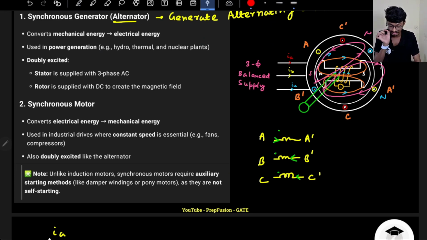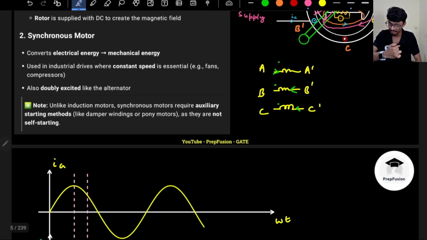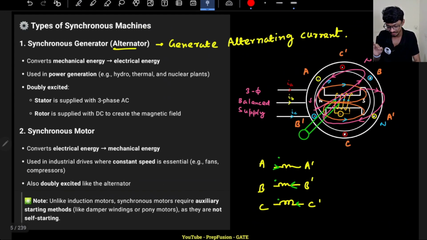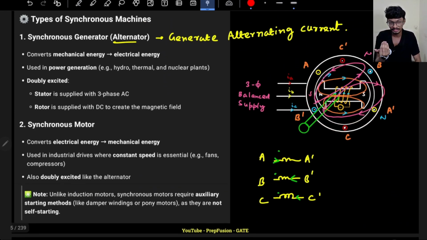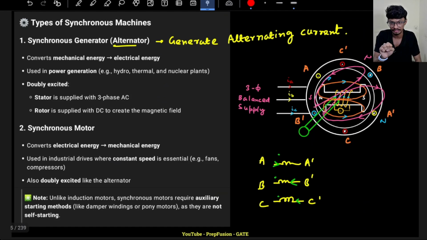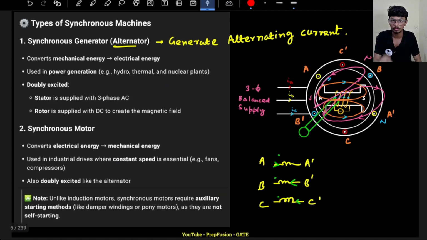Remember, these magnetic field lines I have drawn at an instant. So here I will say very specifically, because the magnetic field itself is rotating with respect to time. Just at omega t equals pi by 2, at this instant I am just drawing the magnetic field lines. It is always rotating, right? To explain you, that's why I have paused this instant, just like a time machine. I have paused the time.